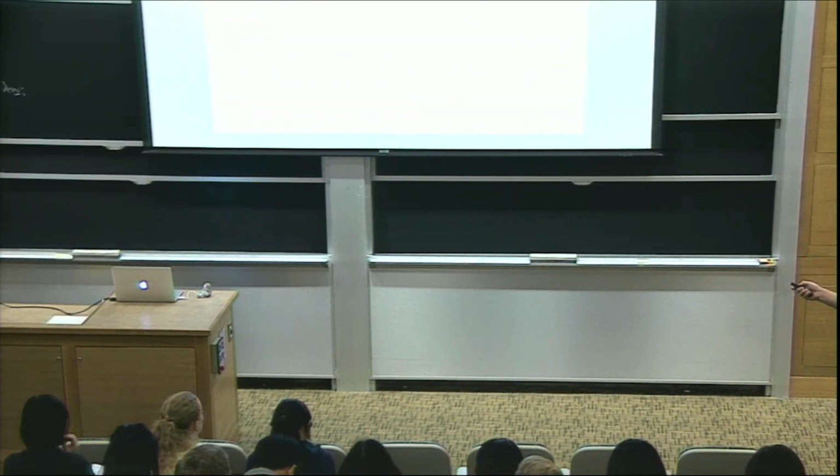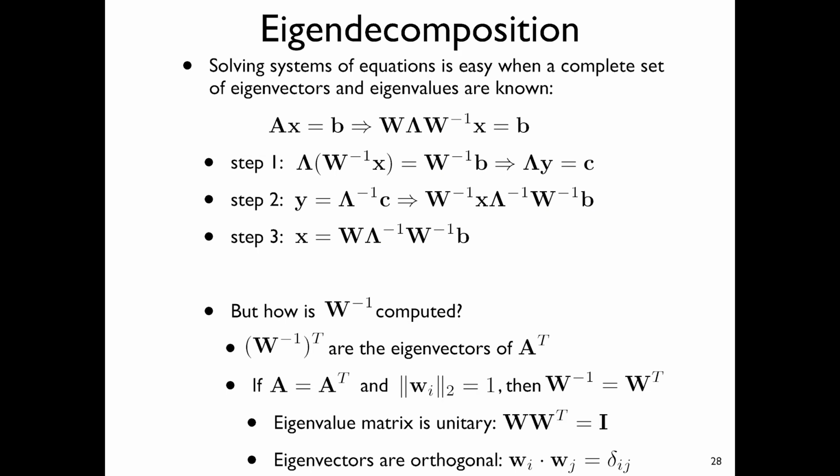How is W inverse computed? Okay. Well, W inverse transpose are actually the eigenvectors of A transpose. You may have to compute this matrix explicitly, but there are times when we deal with so-called symmetric matrices, ones for which they are equal to their transpose.